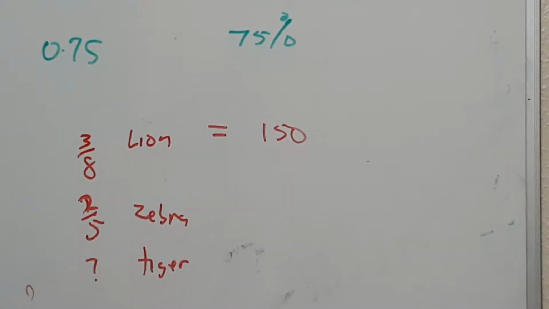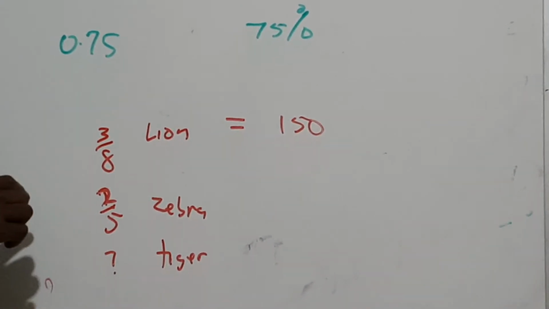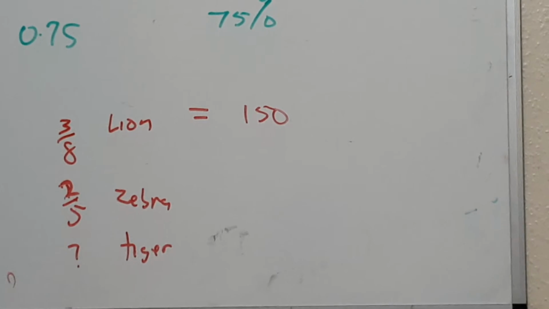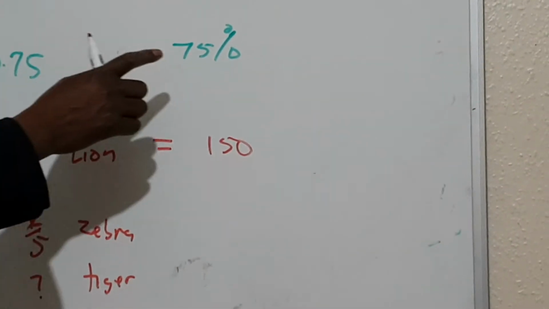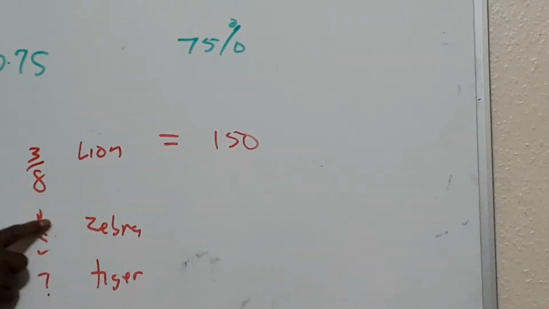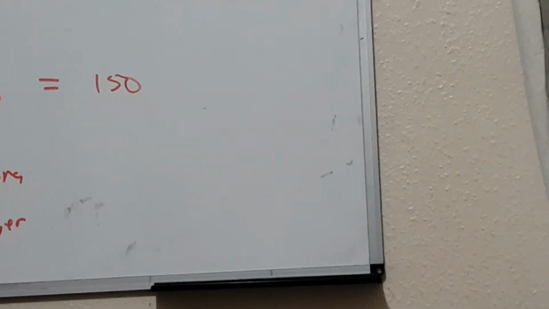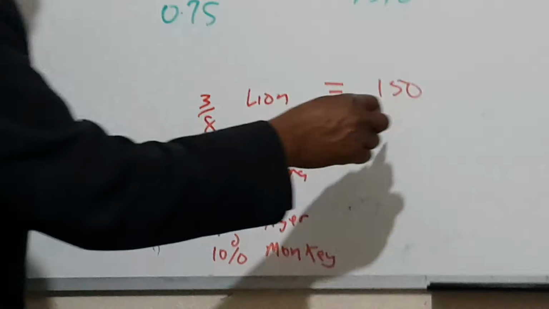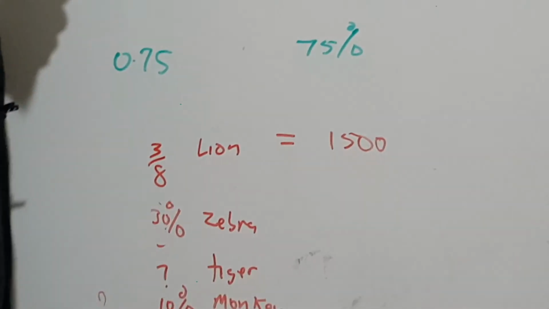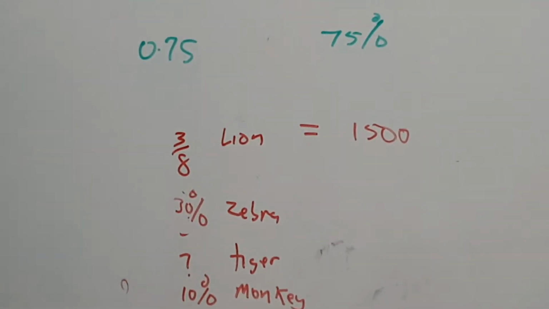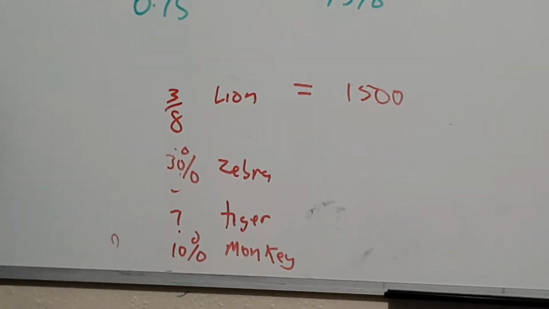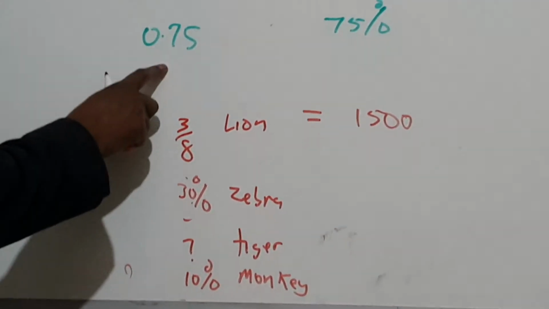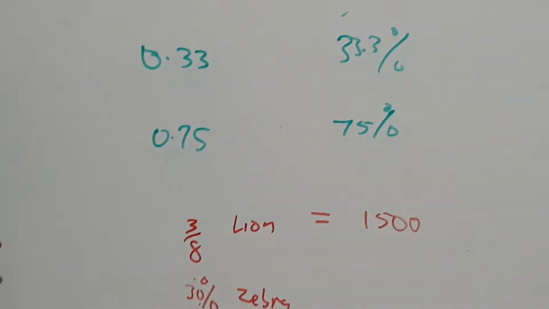I want to see the link between fraction, decimal, and percentages. And they said the number of zebra is 30%, and 1,500. I want to show the link between fraction, decimal, and percentages.